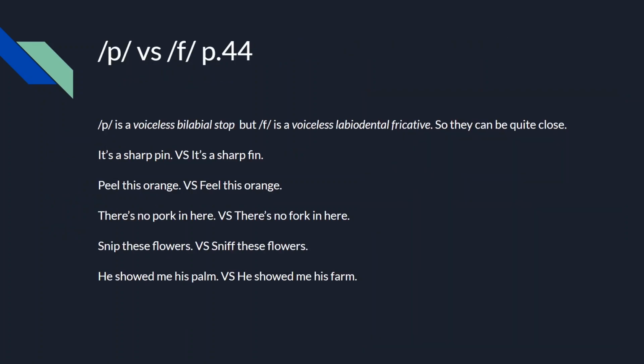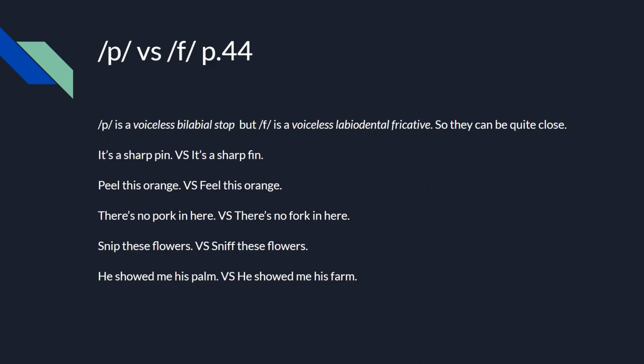Okay. Now, for P versus F, this is on page 44. To help remind us, P is a voiceless bilabial stop. That means when we say P, there's no vibration in our throat. Bilabial, as we remember, labial is lip, bi, like bicycle, is 2 lip stop.